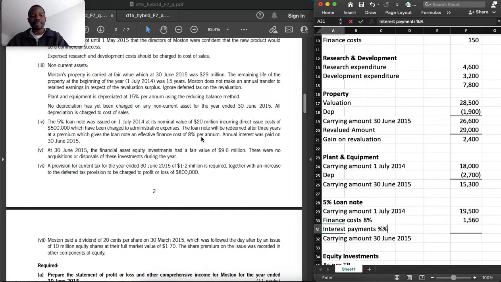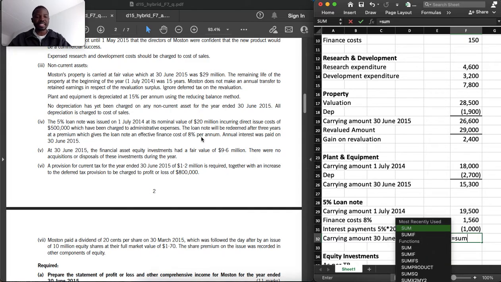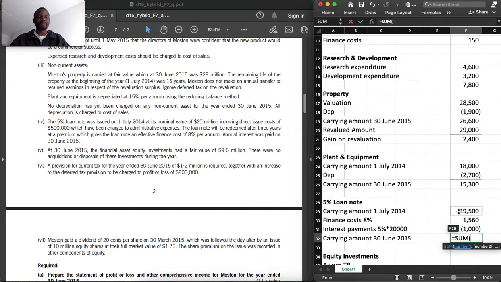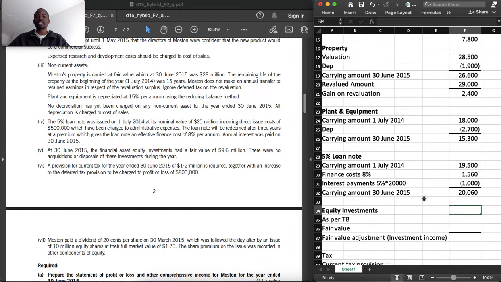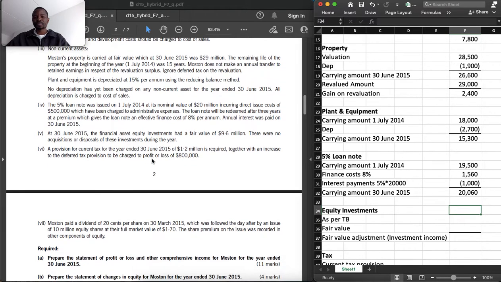The interest is paid at 5% of the nominal value. So it should be 5% multiplied by 20,000. We get 1,000. If we sum everything, we get the carrying amount at the year end, which we are not going to use. Let's go to note number 5.